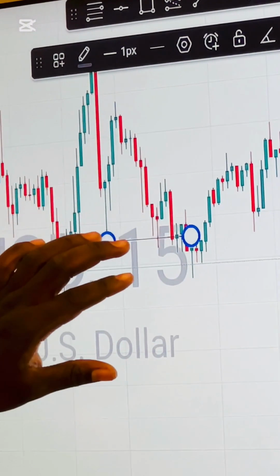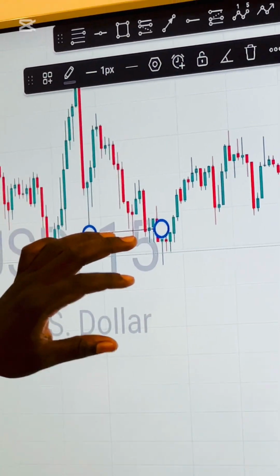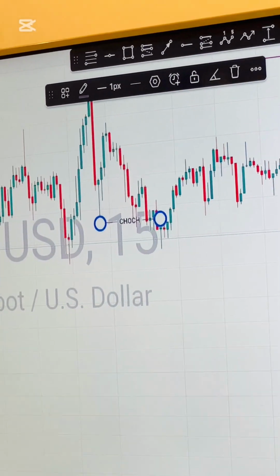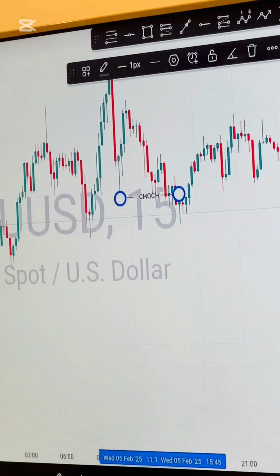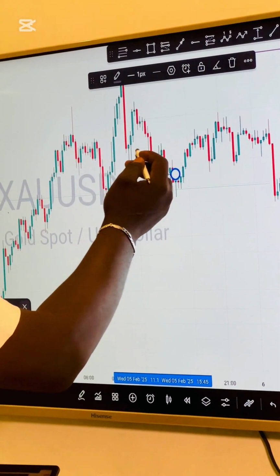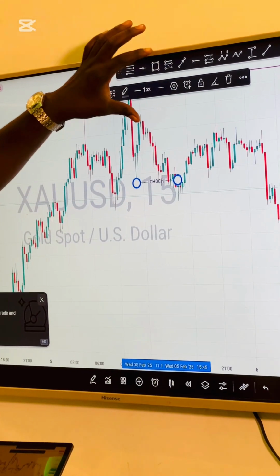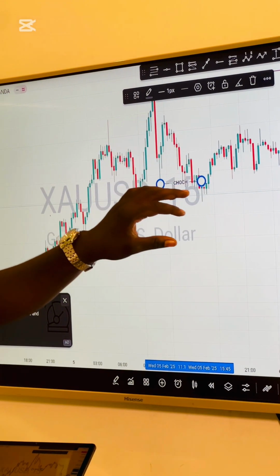So this is the change of character that I've got for the first time. So we wait patiently for the price to see if it is going to go upward, or if it is going to respect this change of character.